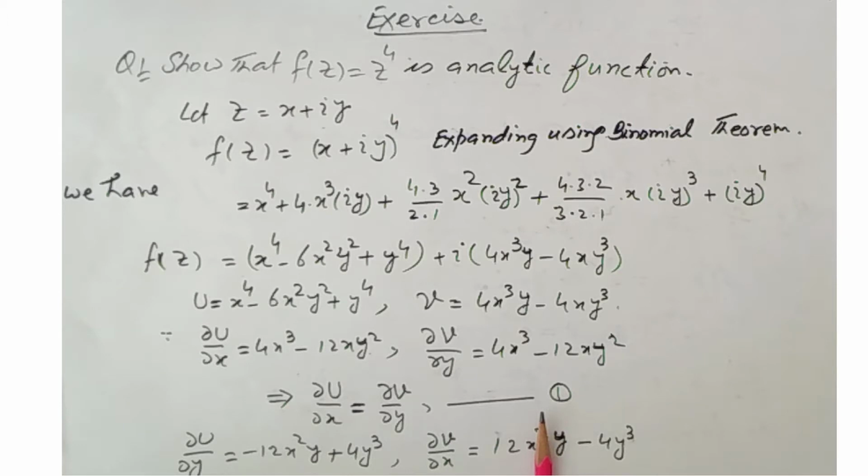Now again we partially differentiate u with respect to y, and partially differentiate v with respect to x. This becomes 12x^2y minus 4y^3.